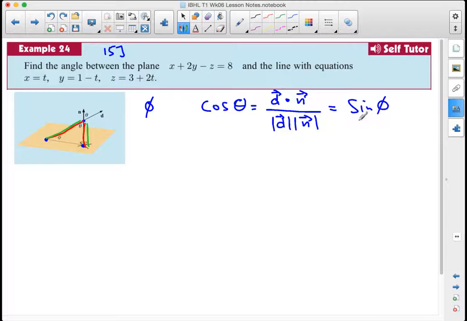So what are our vectors here? Well, for the plane, we need the normal vector, which is (1, 2, -1). And for the line, we need the direction vector, and that one is (1, -1, 2).